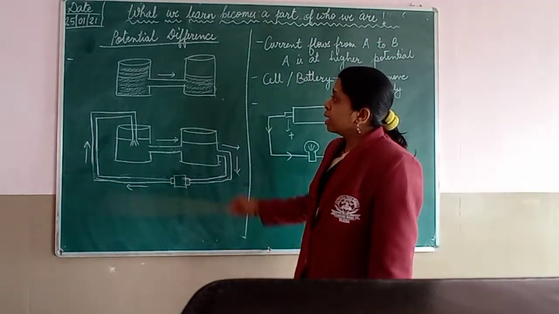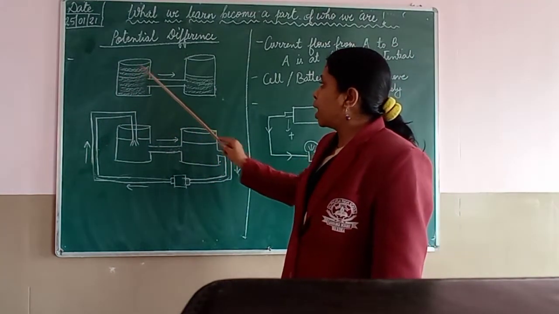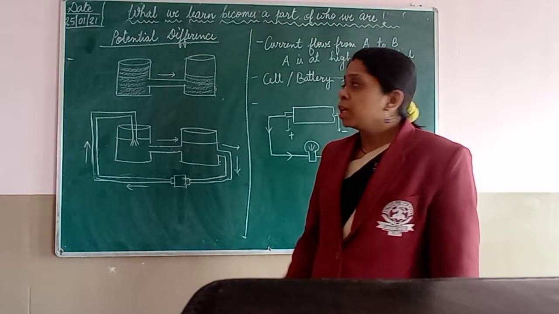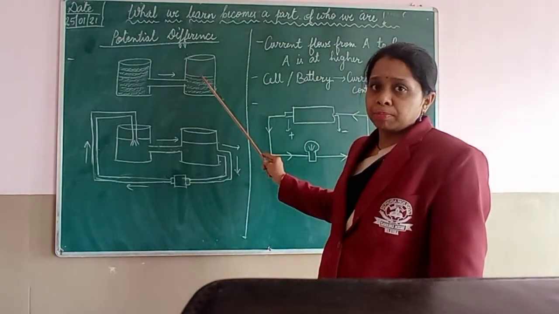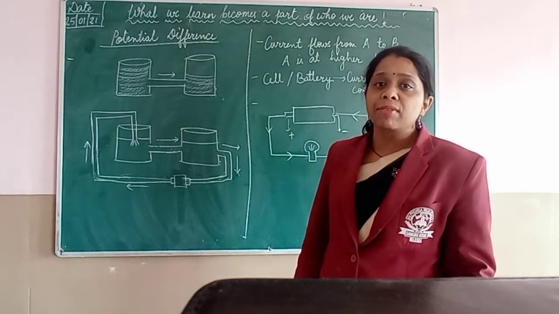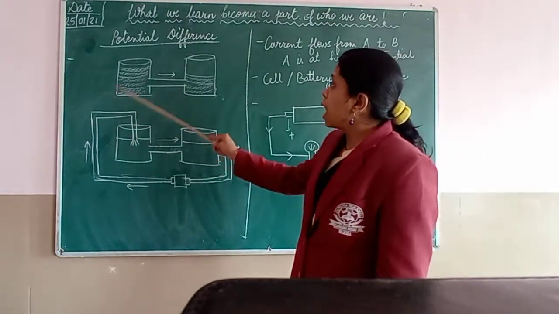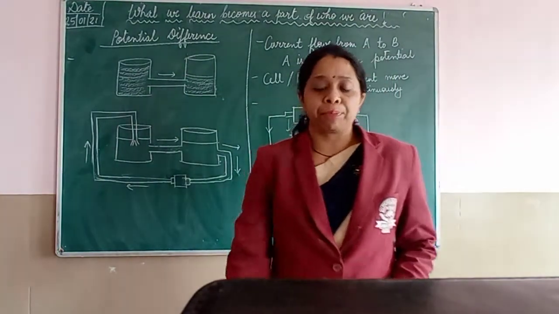In this vessel I fill a higher amount of water, and in this one it is less. So what will we observe? The water from this vessel will go into this vessel. But till what level will it go? Only till the water pressure is the same and the water level in the two vessels comes to the same.